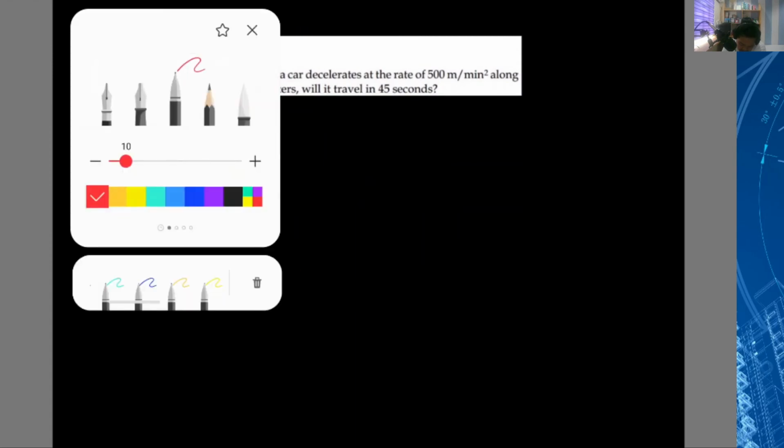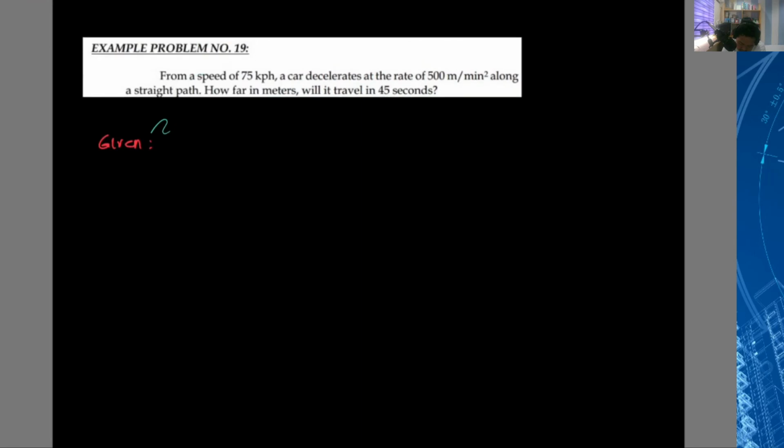From a speed of 75 kph, a car decelerates at the rate of 500 meters per minute squared along a straight path. How far in meters will it travel in 45 seconds? So let's write first the given. Given velocity initial is 75 kph.